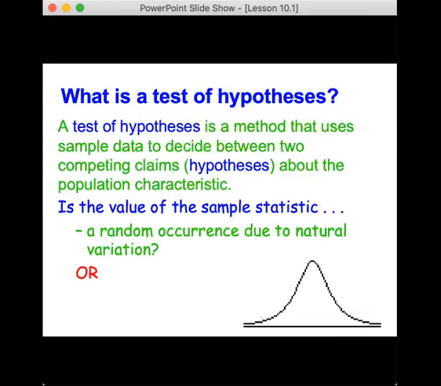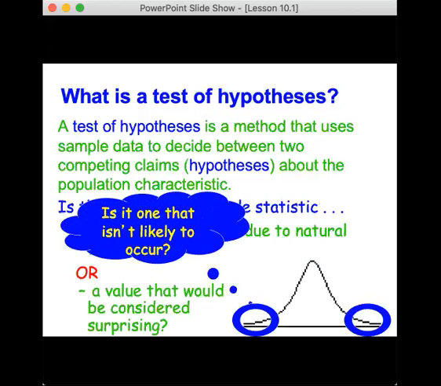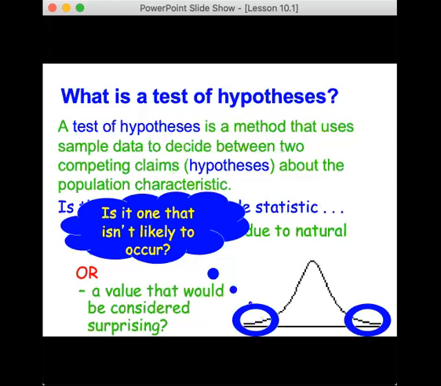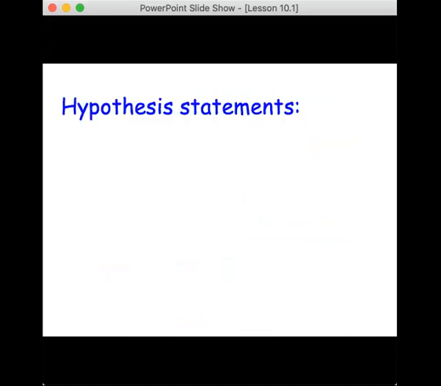Or do I get a sample that's really weird, like out here in the blue area? That type of sample would make me question a possible claim, because that sample is so improbable. I end up using that to say, this goes against what the claim is. All right, so the sample is kind of usual or unusual, and that's how we're going to analyze it.